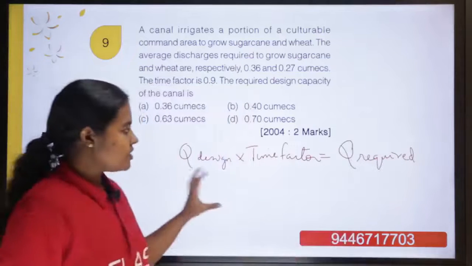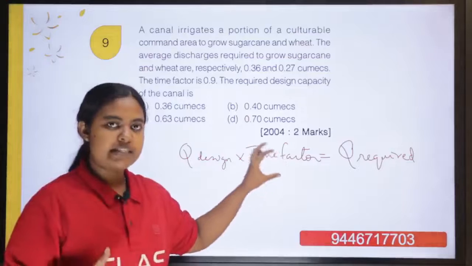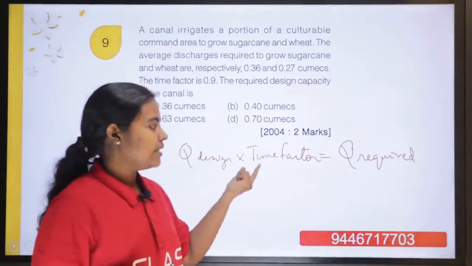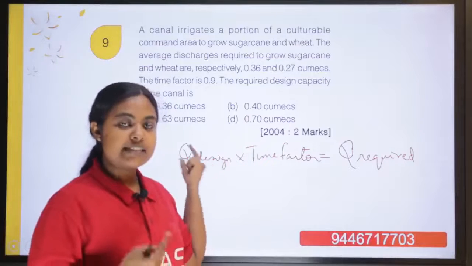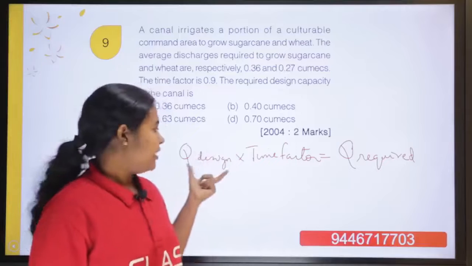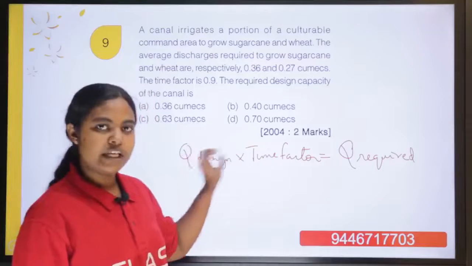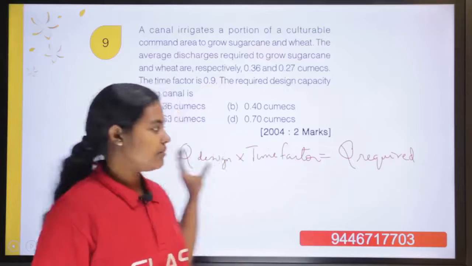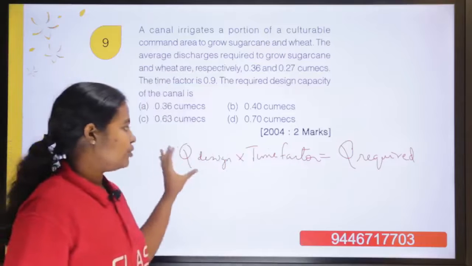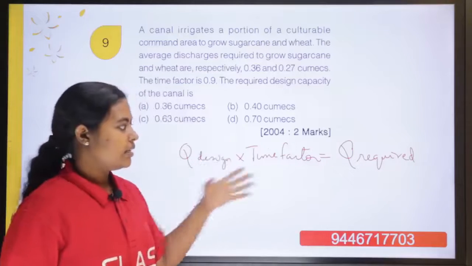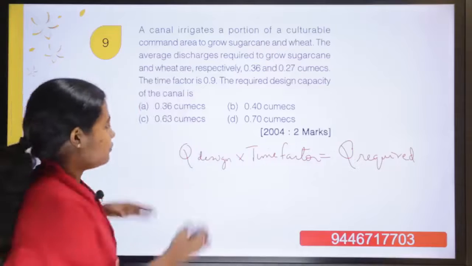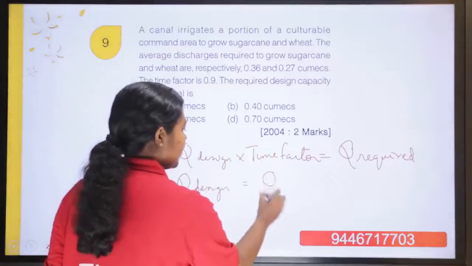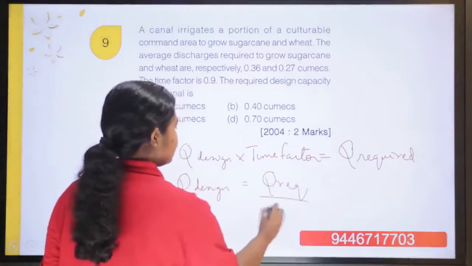Because the time factor is always less than 1, and we always design for a greater discharge than what is required, only if this high value is multiplied by a value less than 1 will we get the required discharge. So remember this formula: design discharge into time factor equals the required discharge. Now in this case we have to find the design discharge, so design discharge will be Q required divided by the time factor.